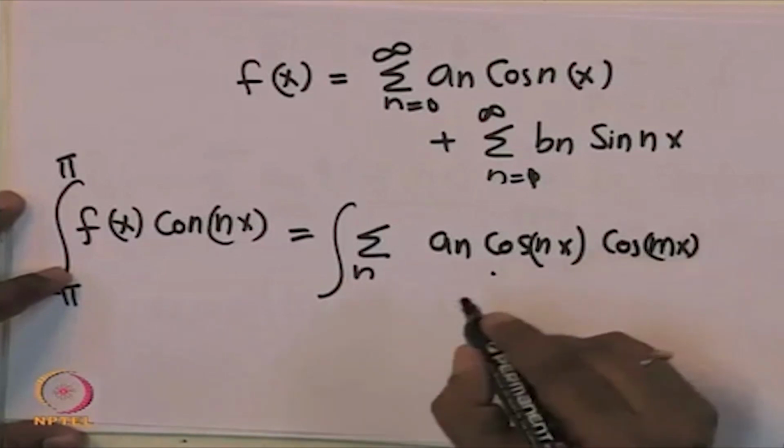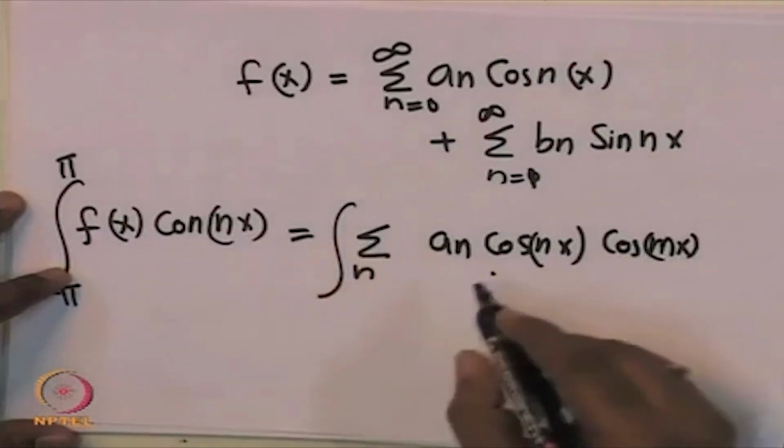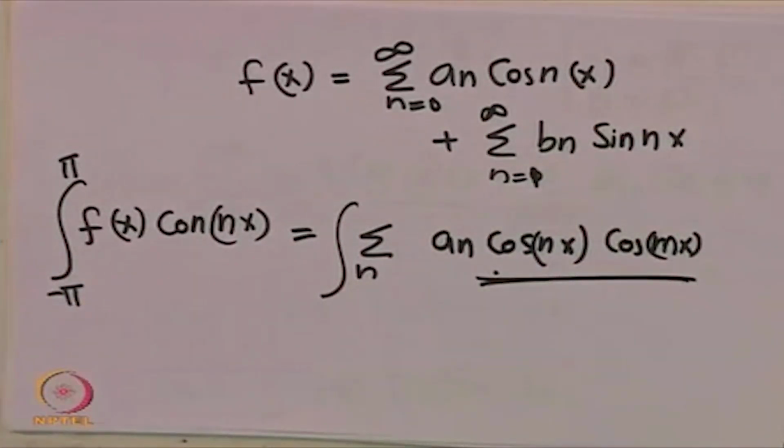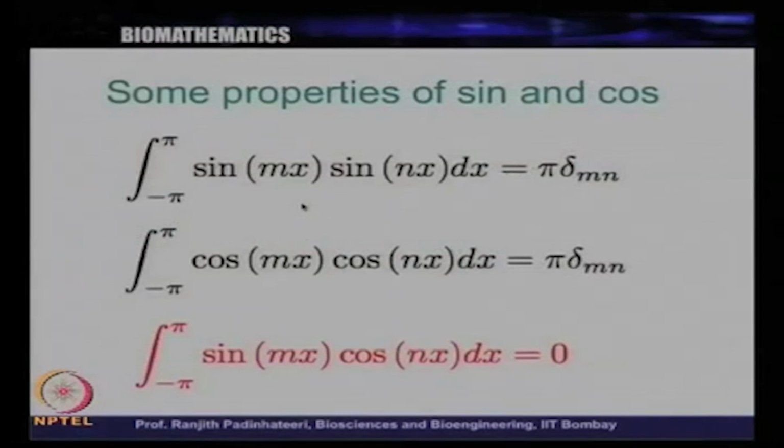Actually, you have to write this as a particular value of m if you like, just to not confuse. It turns out that we have to use some properties of sin and cos that you have to remember: the integral of sin m x sin n x is equal to pi times delta m n. What does this mean? If you take sine of some constant times x and sine of some other constant times x, and these constants m and n are not equal, this is 0.